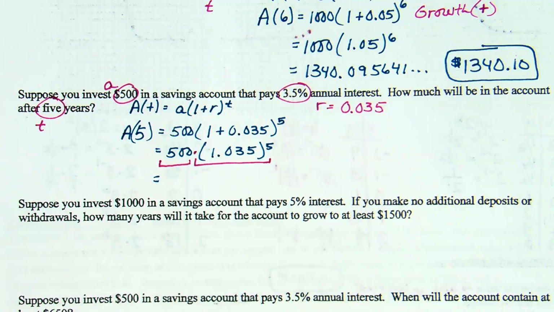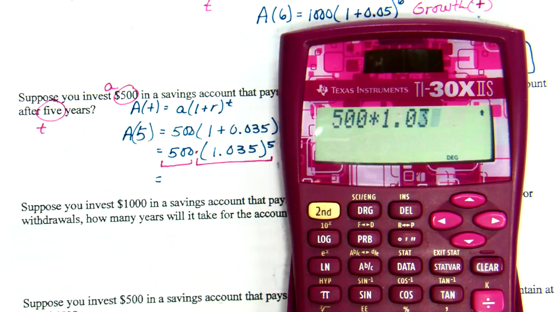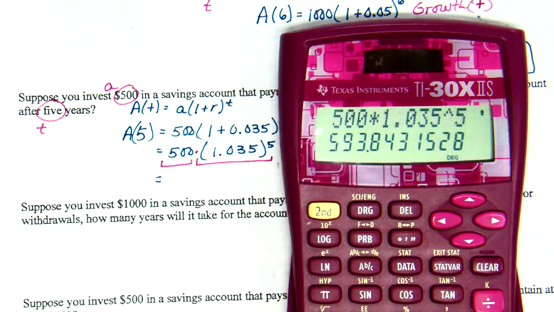Now, if you have a calculator that allows it, by all means, type it in. 500 times 1.035 to the 5th. In the end, does your answer match my answer?